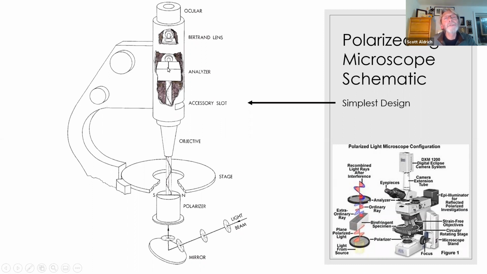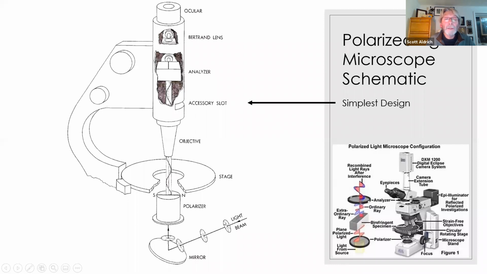There's an analyzer, and a Bertrand lens just means a lens that's inserted, allowing us to see what's called the back focal plane of the objective. And it gives you an indication of what crystal system you're looking at. I'll explain that in a bit. And then the ocular is the eyepiece that magnifies this objective image.